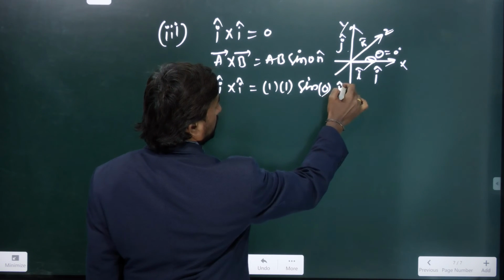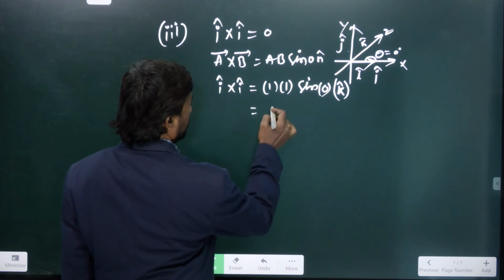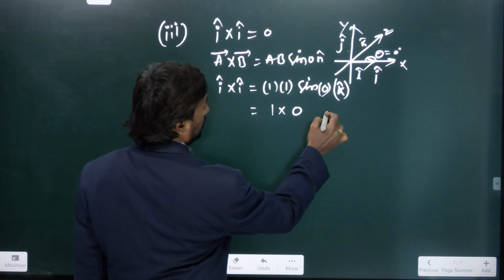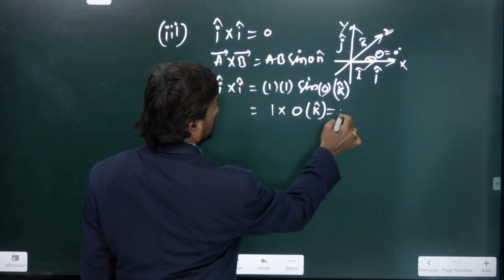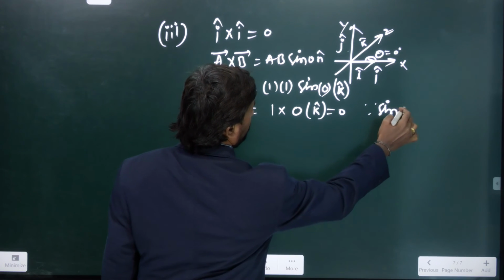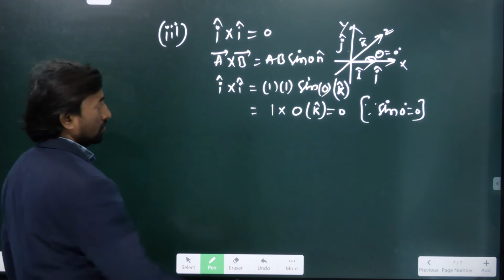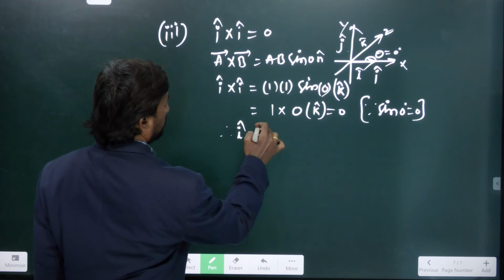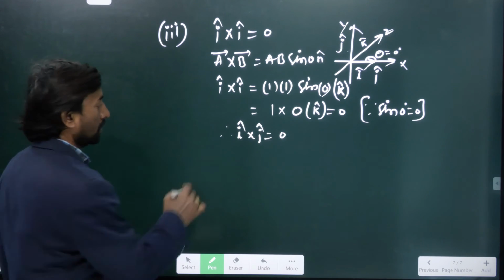Let us take k cap here. So we get 1 into 1 and sine 0 is 0. So 0 into this k cap gives 0, since sine 0 degrees is equal to 0 only. Therefore, i cap cross i cap is equal to 0.